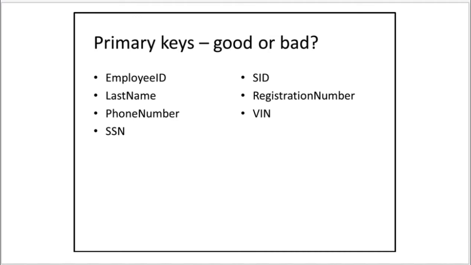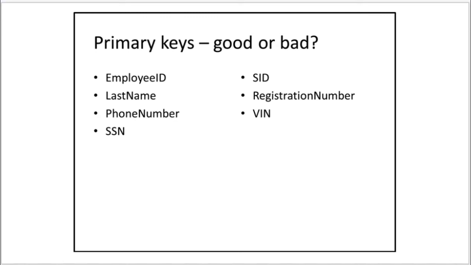Which of these make good primary keys? Think about it. So employee ID, that's probably a good one. SID, that's probably a good one as well. Registration number, those are probably good. Last name, there could be duplicates and people change their names, so that's not good.